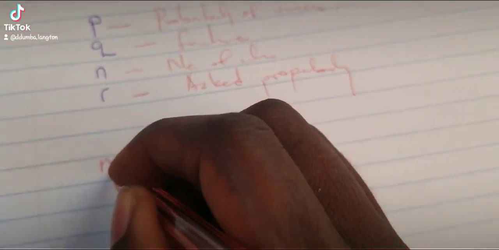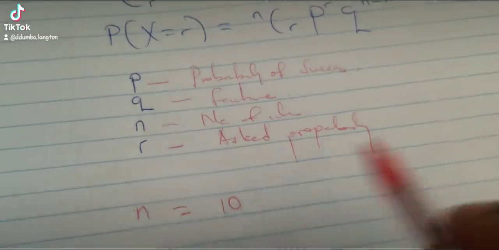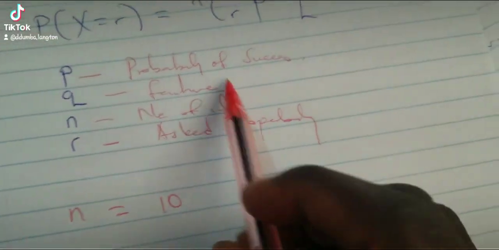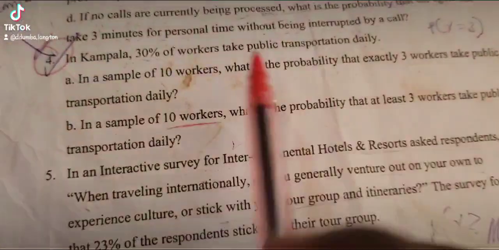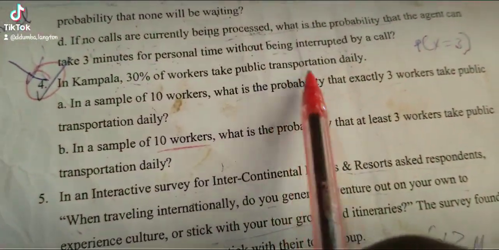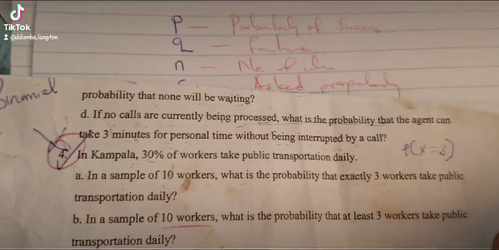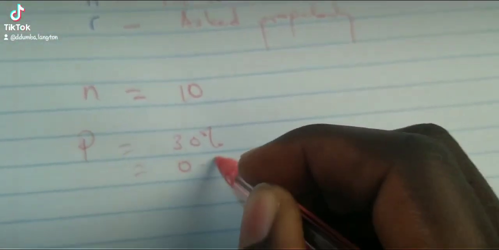Therefore, our n is going to be 10. So we've got the n. We want to see what the p is. P, I said, is the probability of the success. The question says 30% of workers take public transport. So our p is 30%, which is the same as 0.3.